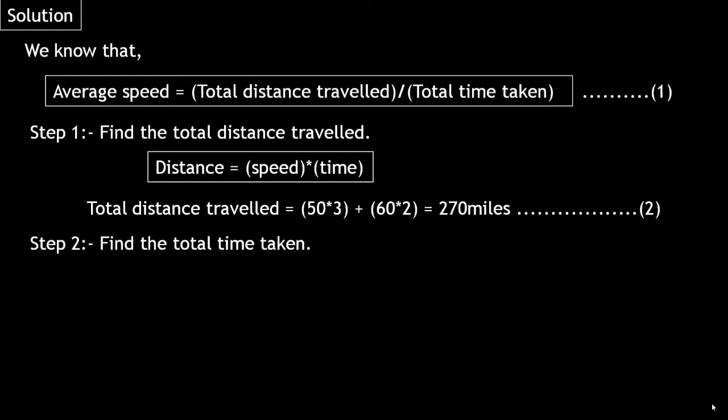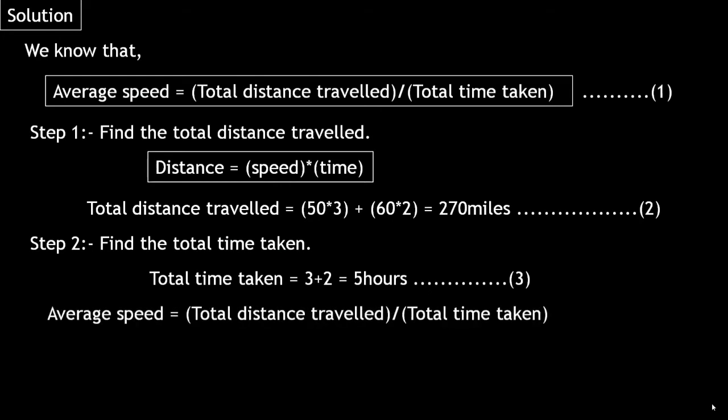In step 2, find the total time taken. To find the total time taken, we need to add the 2 times, that is 2 hours and 3 hours. That will be equal to 5 hours. So here we got the total distance traveled and also the total time taken. To find the average speed, we know that average speed is equal to total distance traveled divided by the total time taken.